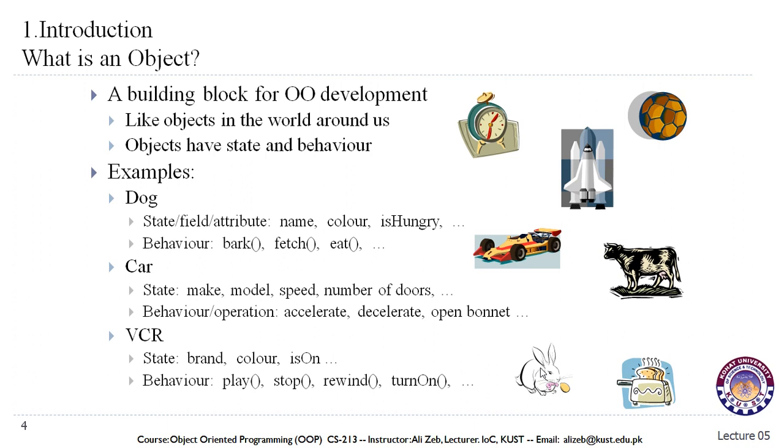And the behavior of the VCR is that it should be able to play a movie, it should be able to stop when that function is called, it should be able to rewind when that operation is invoked, and it should be able to turn on. And if any of these operations fail to perform, that is, if the VCR does not go according to its expected behavior, then we can assume that there is some fault in the VCR, or maybe we have misclassified the gadget into the VCR class.